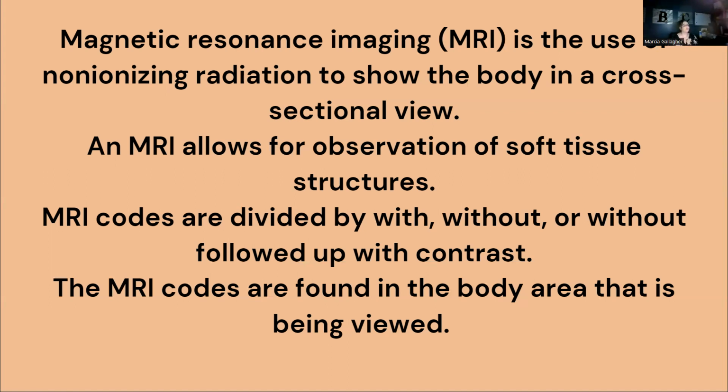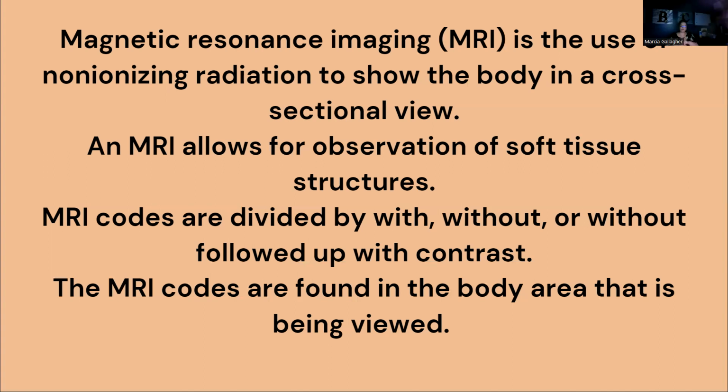MRI codes are divided by with contrast, without contrast, or with followed by without contrast. If it says no contrast material, you're going to use the CPT code that says without.